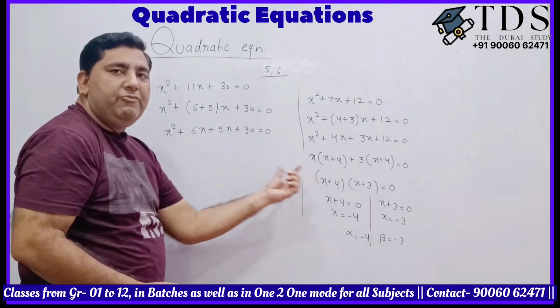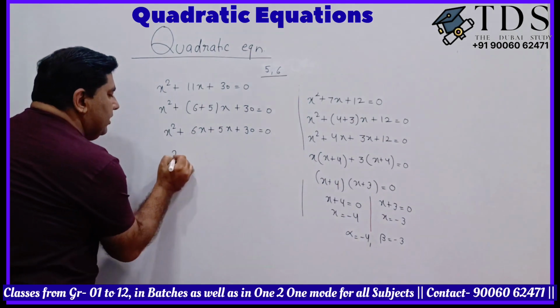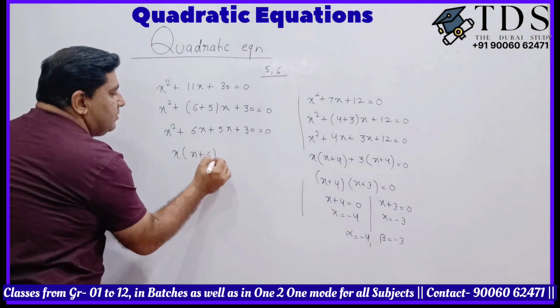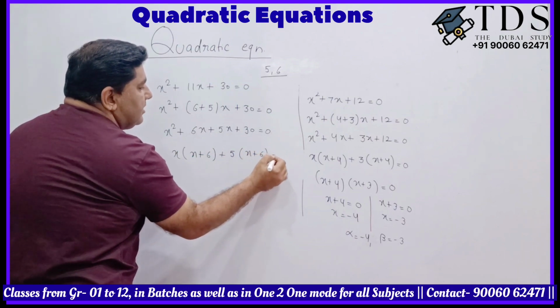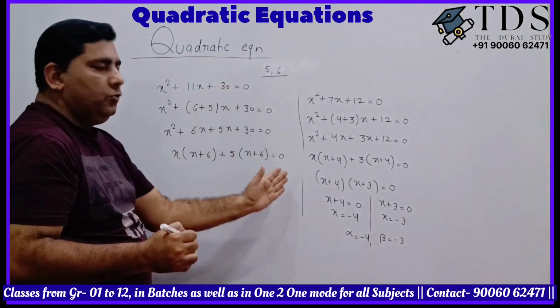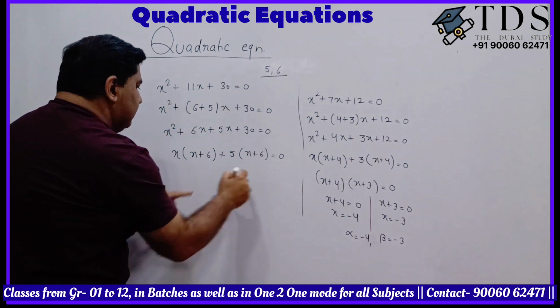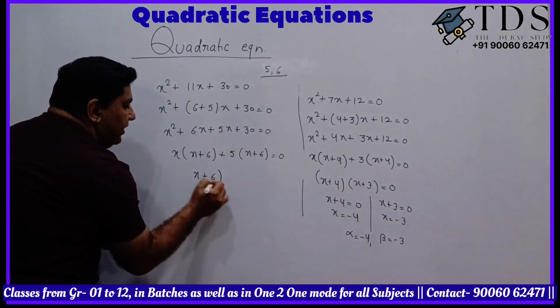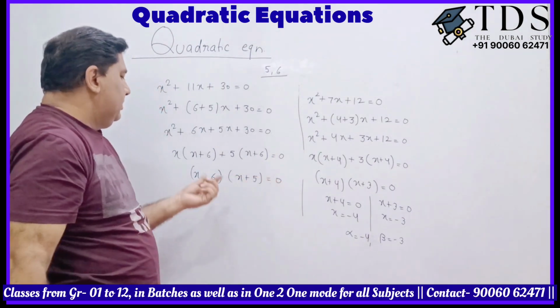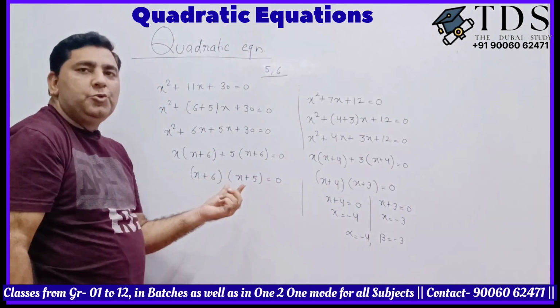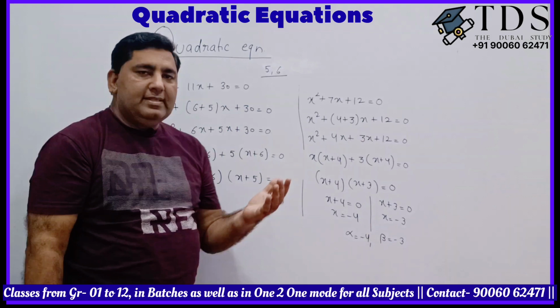Now, in the same way, we can take common x from the first two, so we will get x plus 6. Taking 5 common, it will be x plus 6. 0 will be same. Now, taking this bracket x plus 6 common, we get x plus 6 times x plus 5 equals to 0. By putting x plus 6 equal to 0, we get x equals to minus 6.